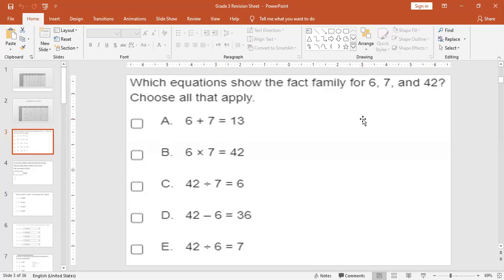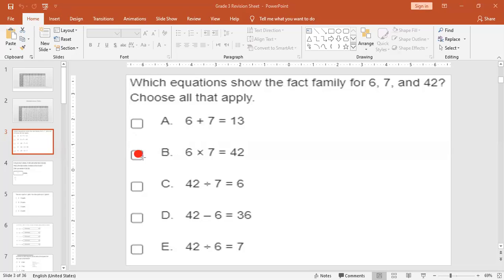And I have to know that 6, 7 and 42 are connected by multiplication, which is 6 multiplied by 7 is 42. So I can choose that 6 multiplied by 7 is 42.